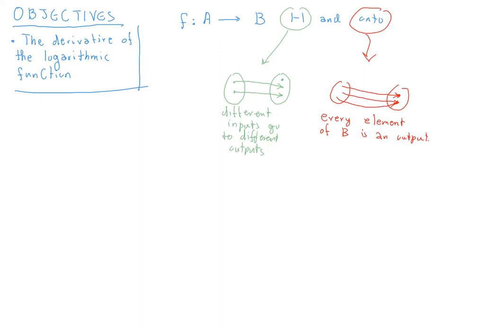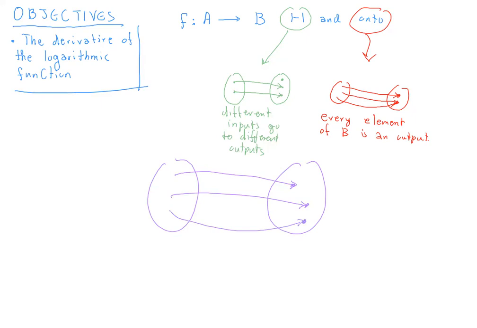But suppose now that you have a function that satisfies both, right? So you have a situation like this. A really nice variety.